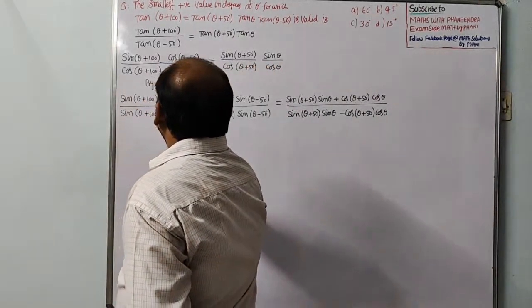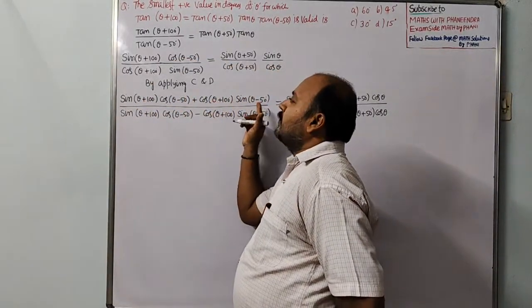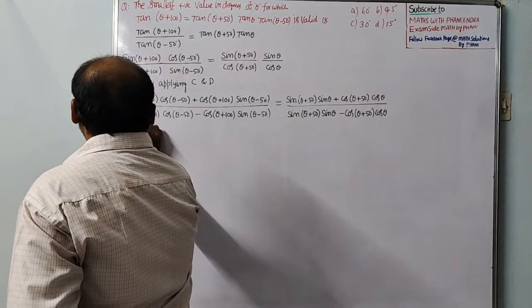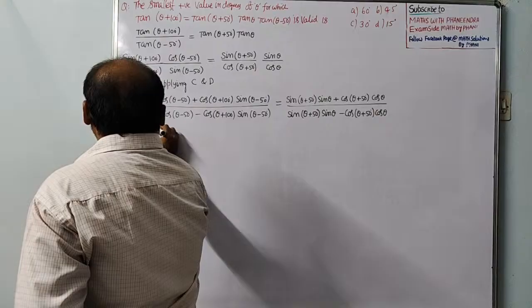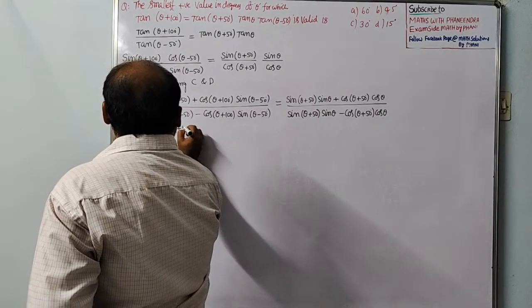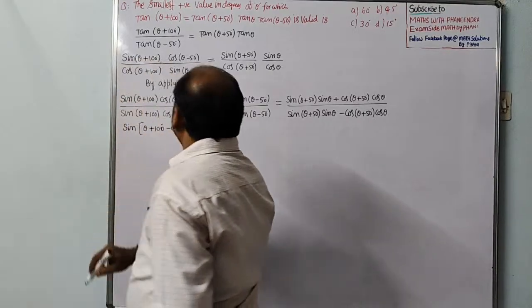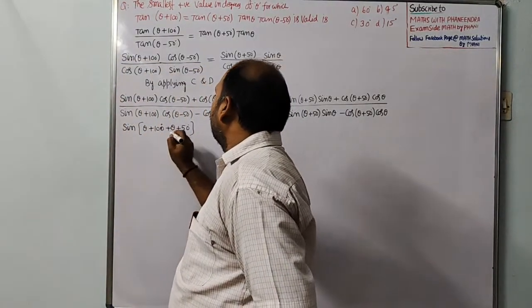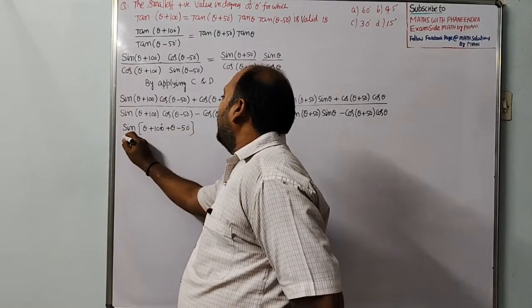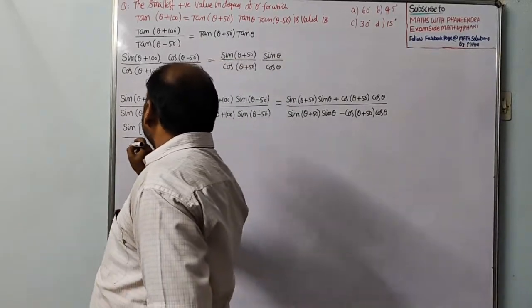Sin A cos B plus cos A sin B is sin of A plus B, so sin of theta plus 100 plus theta minus 50. Sorry, this is plus only. Sin of A plus B in the numerator, so the denominator is sin of A minus B.